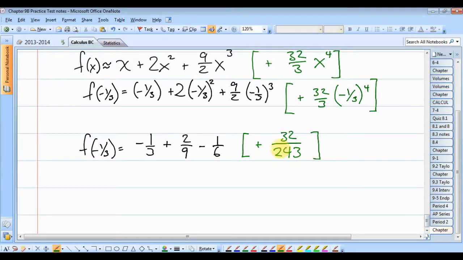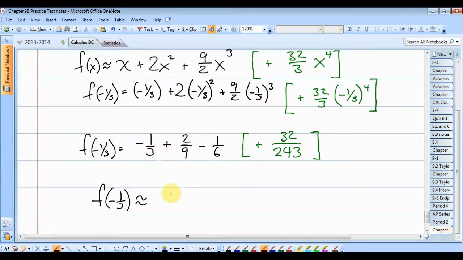Okay, and to answer Michelle's question, I'd stop here with the green, and I'd just continue with the black part. Therefore, f of negative 1/3 is approximately equal to, what is this? LCD is 18.